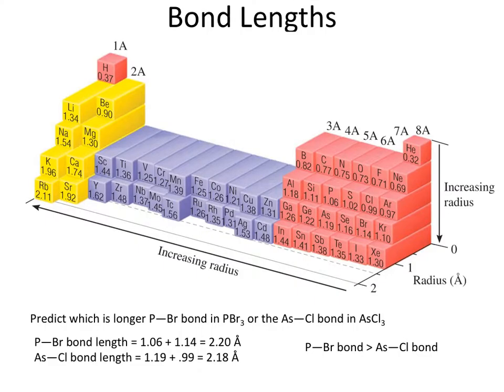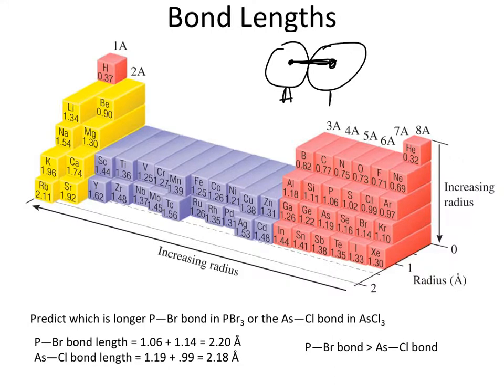So here we have a table of radii for all the different atoms. If I gave you a table like this, I may ask you to compare bond lengths of different molecules. Basically, remember the size, or the bond distance that occurs between two atoms, is going to be the sum of the two radii.